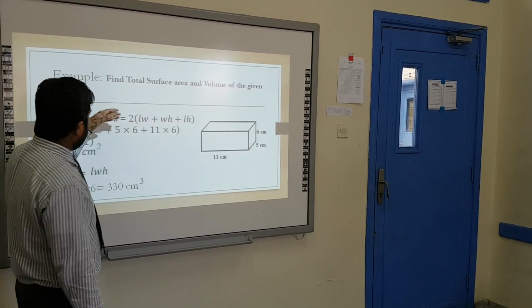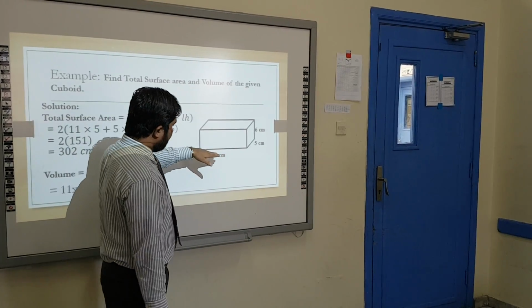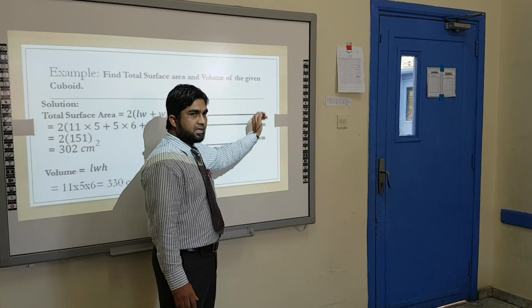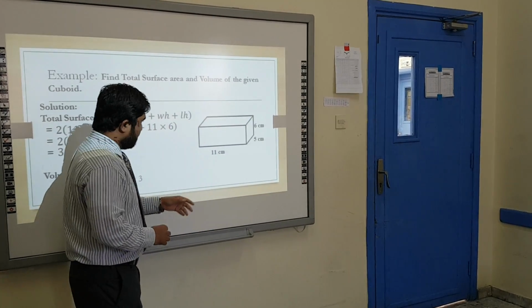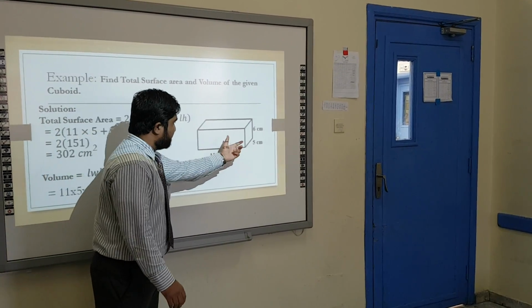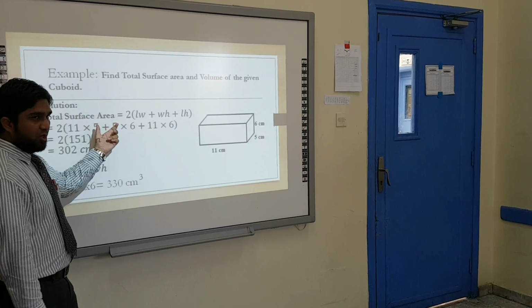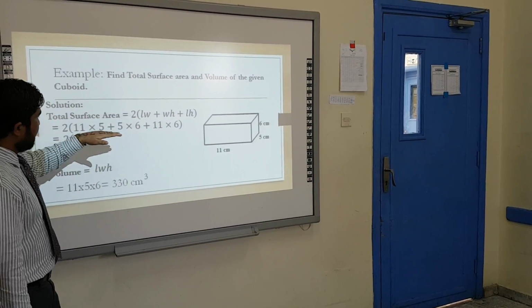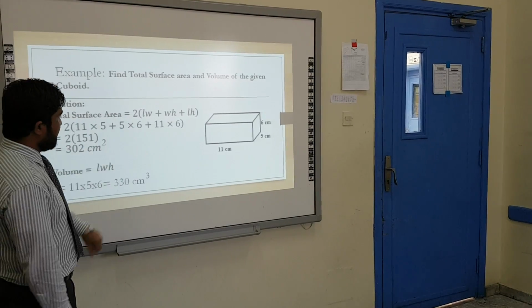So first example is, we have the values length as 11, width as 5 and height as 6. What we will do, we will utilize these values in the formulas to find the total surface area and volume. So we will go first to find the total surface area.